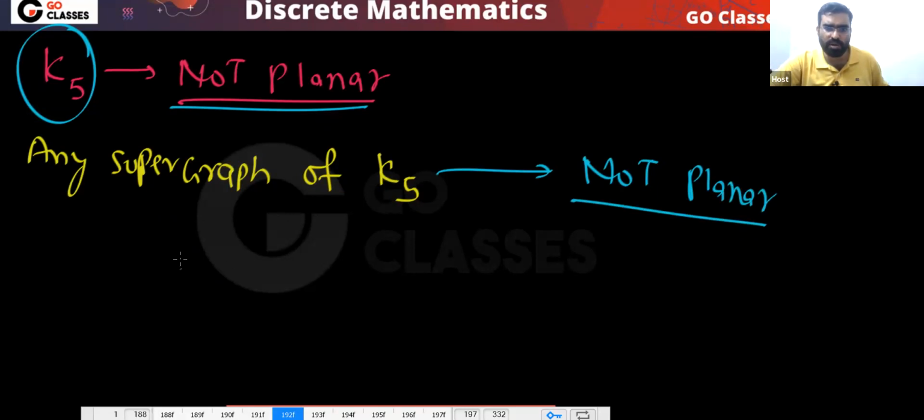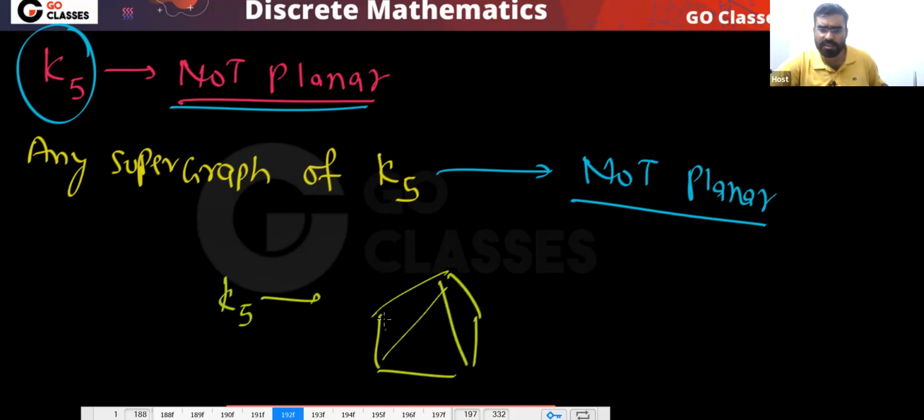So let's assume this is your K5, and this is non-planar. Now if I add some more vertices and some more edges, then what can I say?